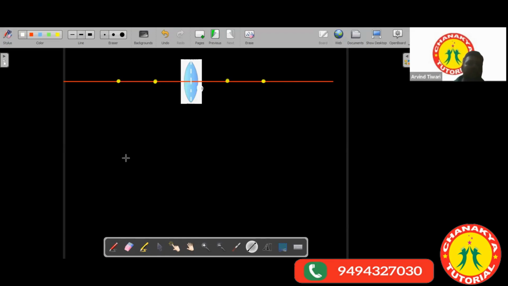Now you have to keep your object anywhere between F and 2F. Again, mark the points. This is your F1, 2F1, F2, and 2F2.